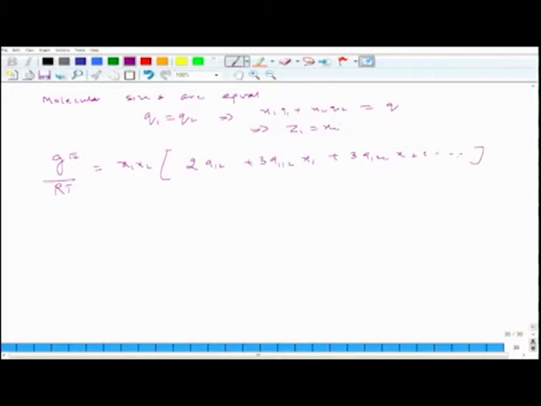This should have been x1 x2 here, so 2 terms, and then there are higher order terms of x1 and x2. You can come up with this expression containing only up to 4th order of composition.